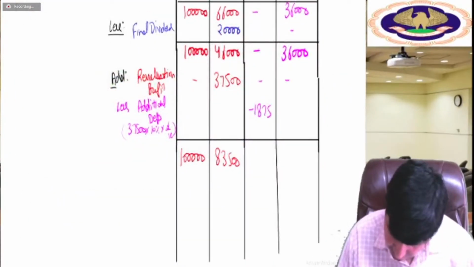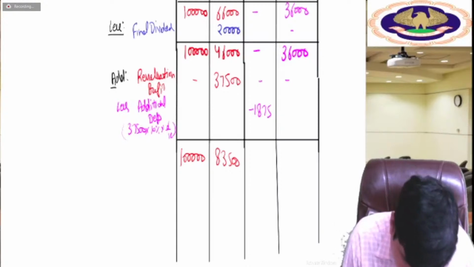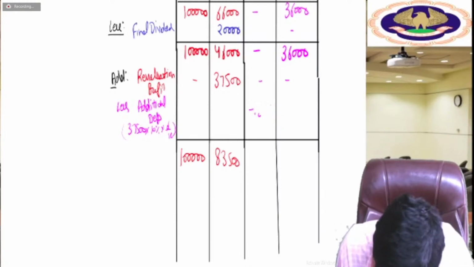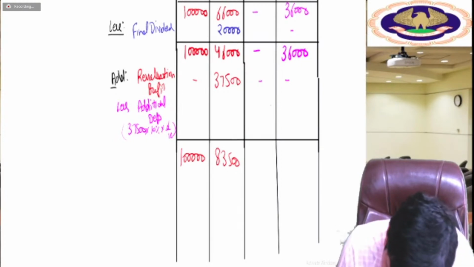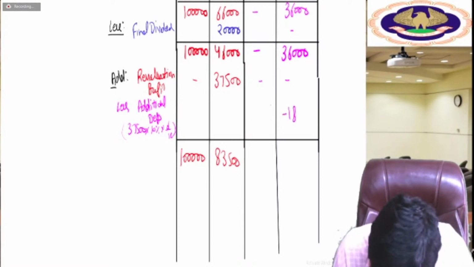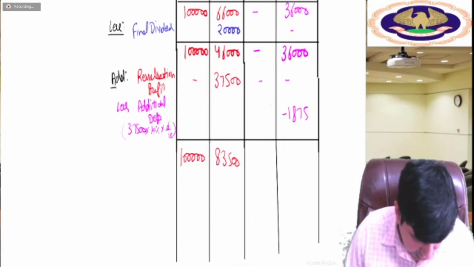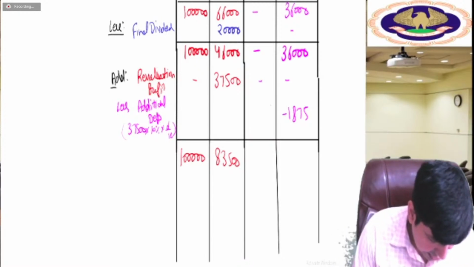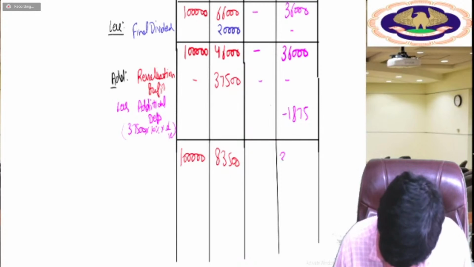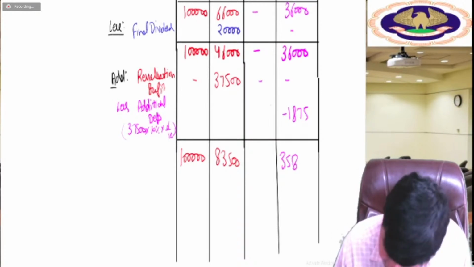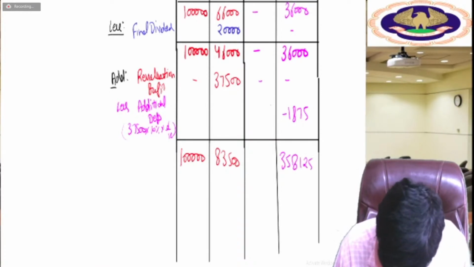Okay. Now what we are doing: 1875 must be posted below the P&L. 3,60,000 minus 1875, that is 358,125.